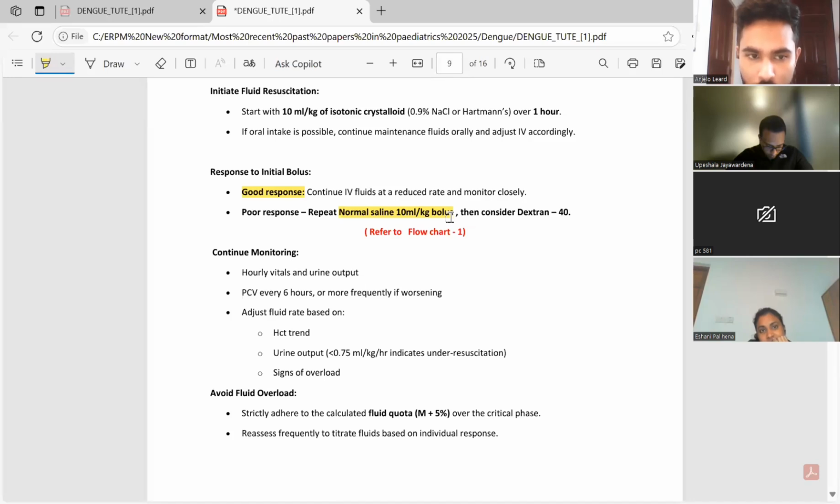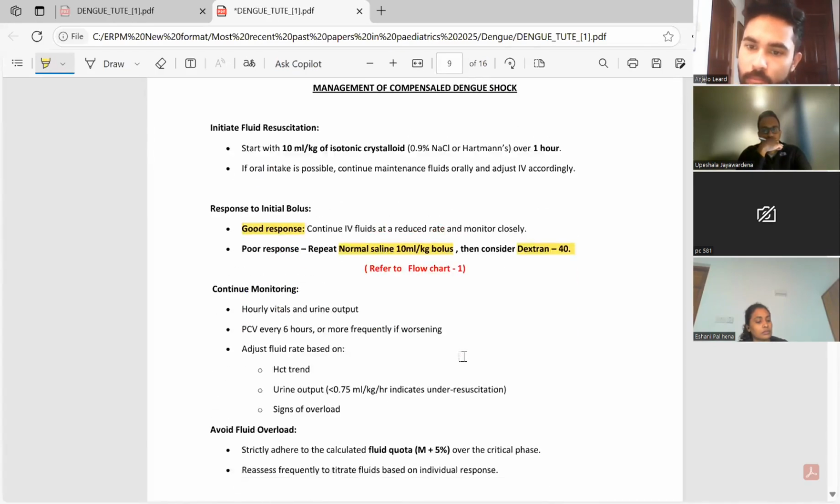Even after the second bolus of normal saline, if the child is not getting better, you go for dextran 40, which is a colloid. Then you continue to monitor, monitoring PCV and urine output. All those should be managed accordingly.